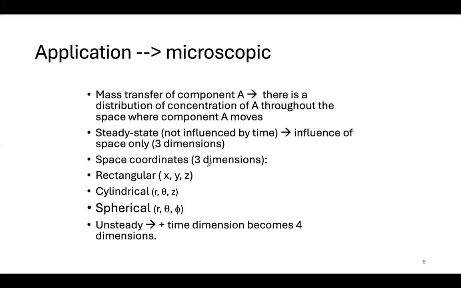So we can consider there are three types of coordinates: rectangular, which uses x, y, and z, or cylindrical, r, theta, and z, or spherical, r, theta, and psi. And then if it is unsteady, then you add a time dimension, so there would be a total of 4 dimensions.